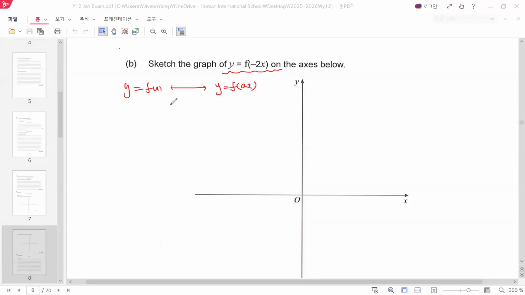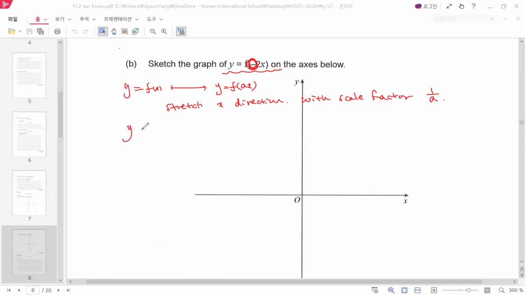And then it is stretched in the x direction with scale factor 1 over a, right? 1 over a. And then here, the thing is that there is a negative. We are going to deal with this one later.